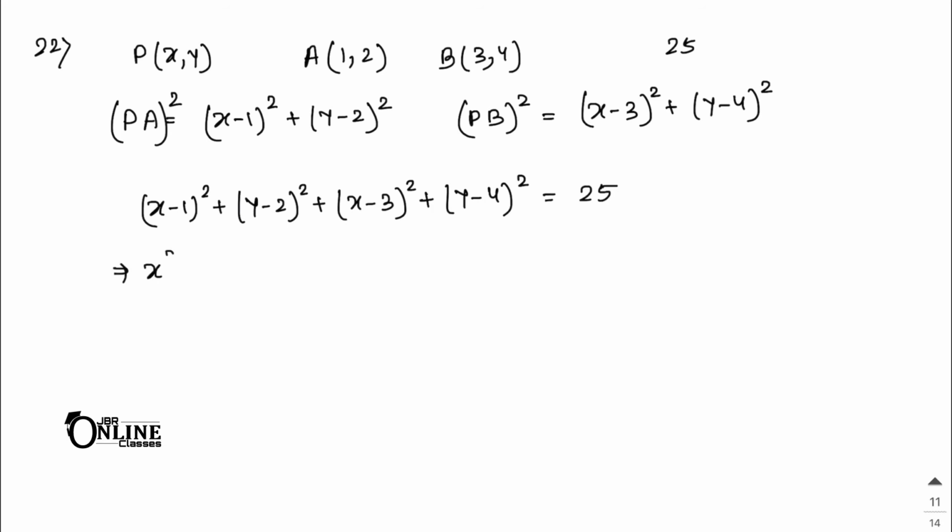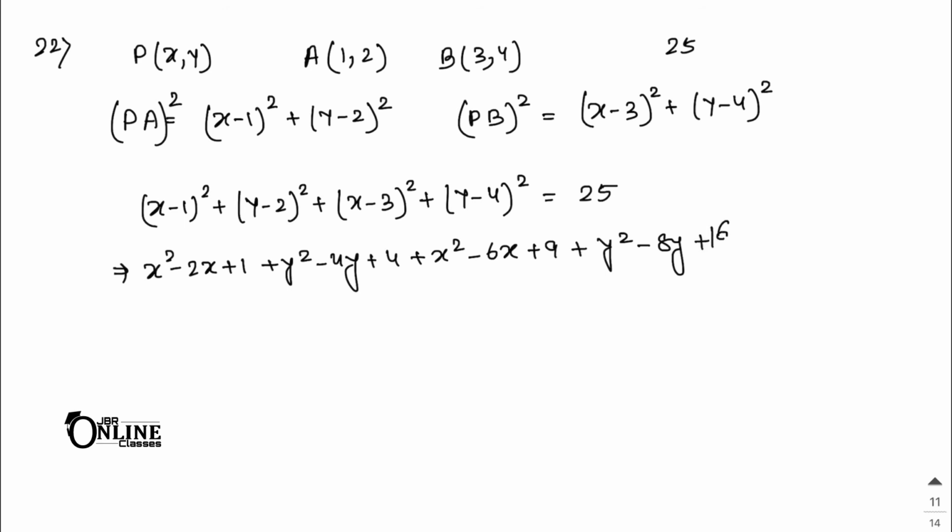Now x² minus 2x plus 1, then y² minus 4y plus 4, x² minus 6x plus 9, and y² minus 8y plus 16, equals 25. So 9 plus 16 becomes 25, so 25 and 25 cancel out.